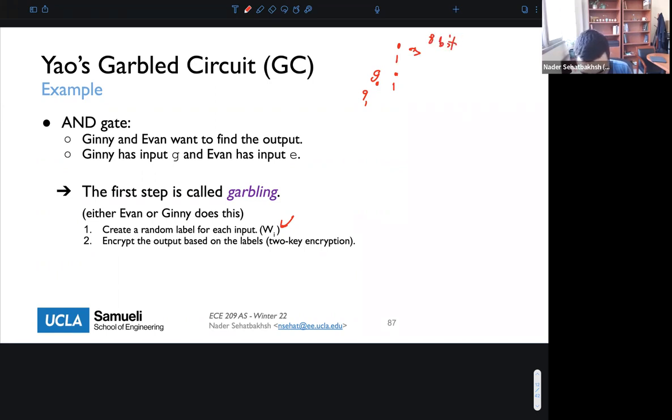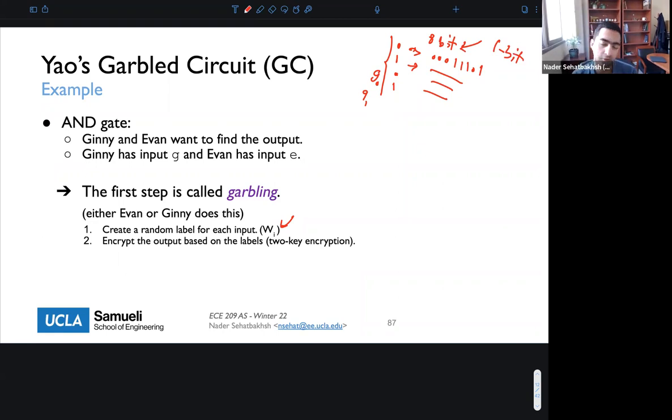So just something like 0, 0, 0, 1, 1, 1, 0, 1. Just a random input generated from some random distribution. So what the garbler will do is create 4 of these inputs, let's say each of them L bits long, which in this case, for example, is equal to 8.